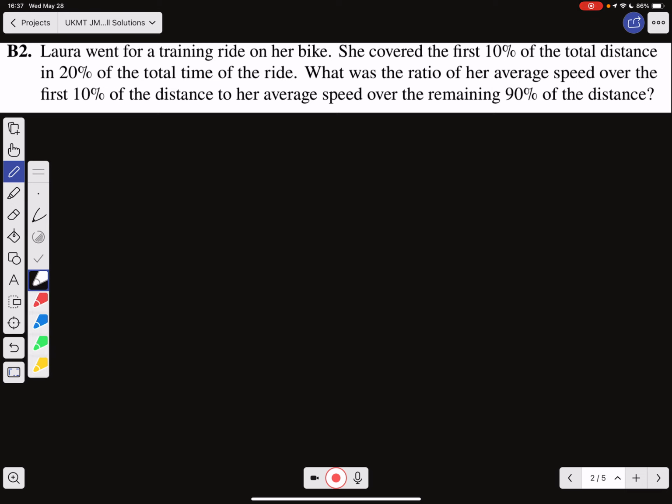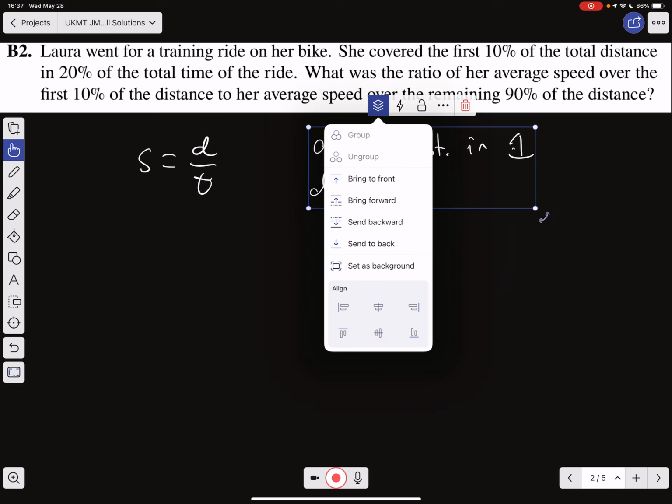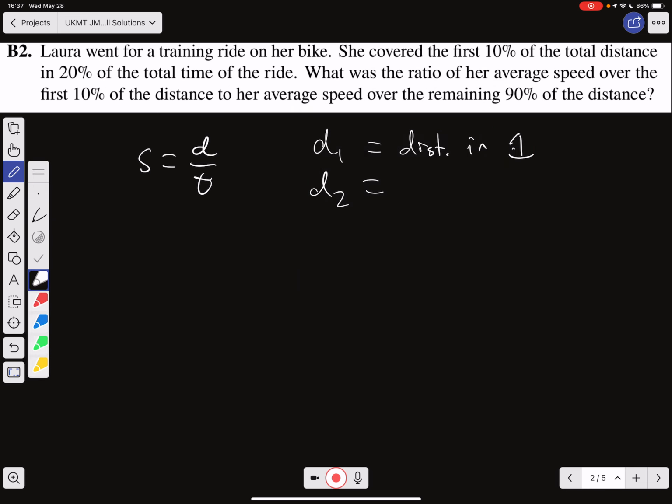Now to do this problem, we're going to use ratios of speeds, of course, but we know that speed is equal to distance over time, all right? So we can let D1 represent the distance covered in the first bit, and D2 is the distance in the second part.